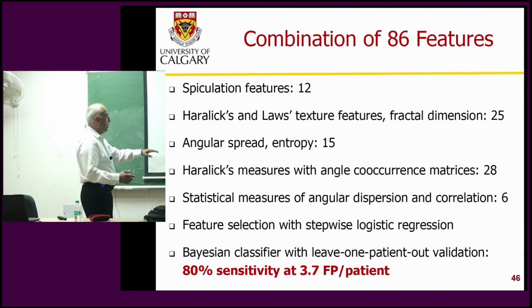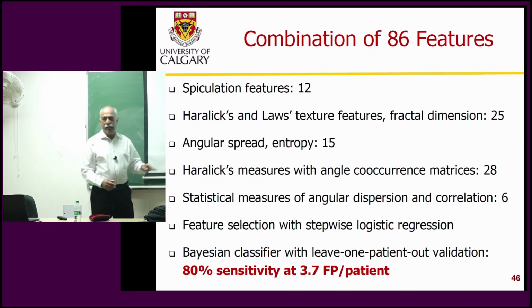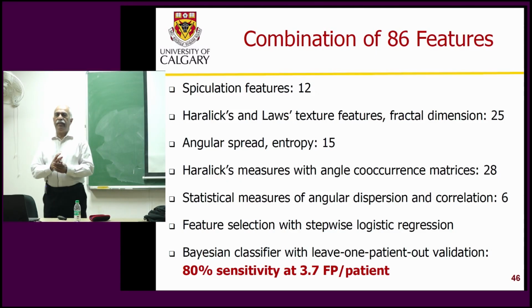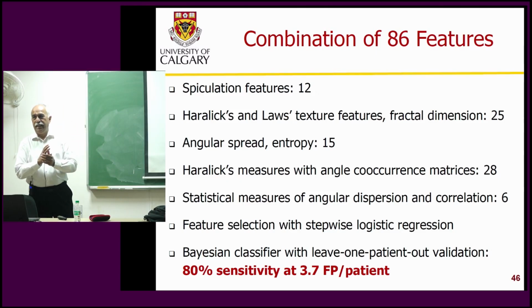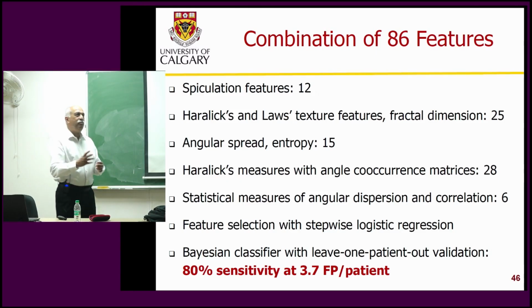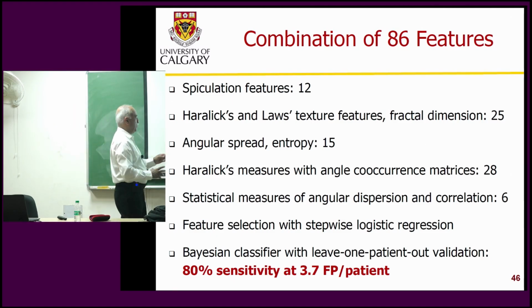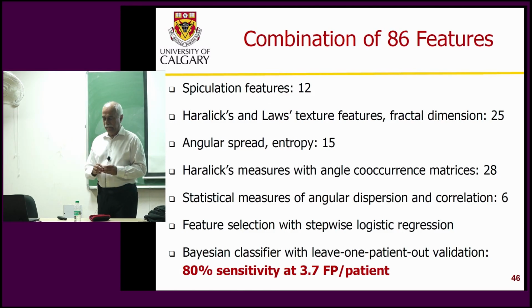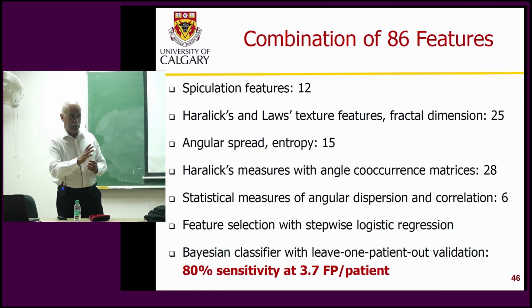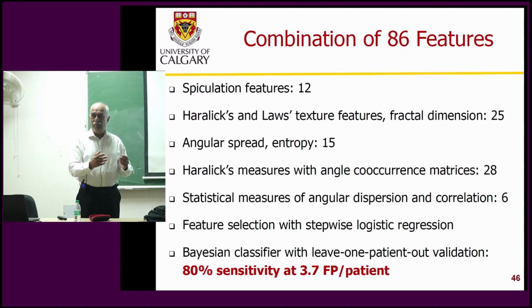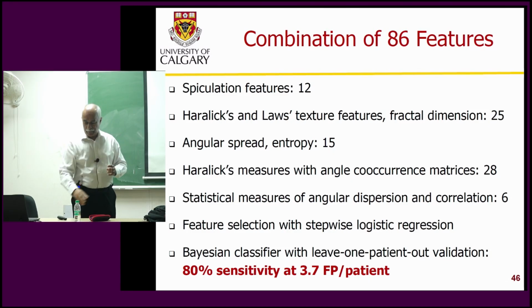And again, comparable to the results reported in the literature at that time for detection of masses. So we have pushed the potential accuracy of detection of architectural distortion close to that of detection of masses when that was a major topic of research.